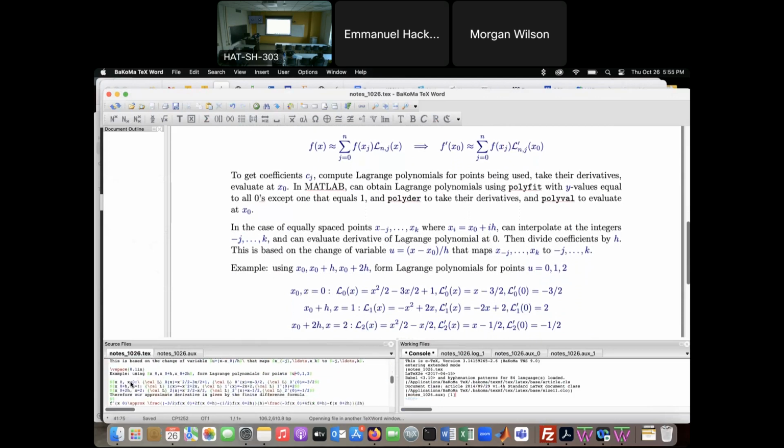And that's why I displayed the notes in this particular program, so that I can edit them as I go and make improvements from one instance of the class to the next, even though this will take a little bit of time.